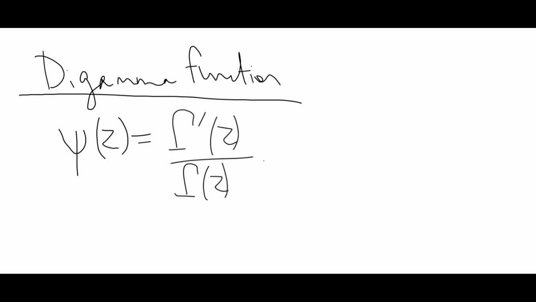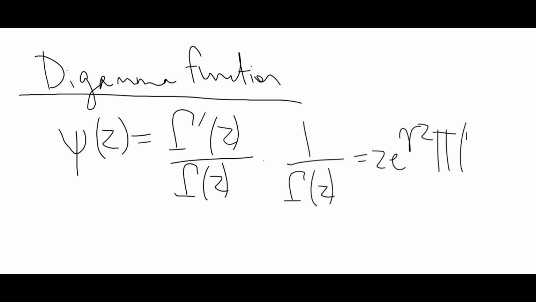Now, if we use the factorization of gamma from previous videos, we can write this in a more interesting way. So the factorization is 1 over gamma of z equals z e to the gamma z times the product of 1 plus z over n e to the minus z over n.